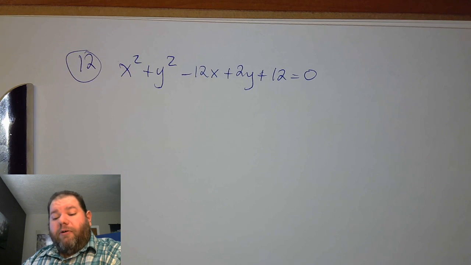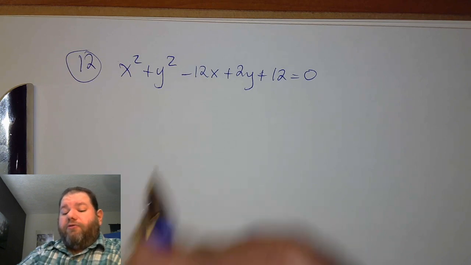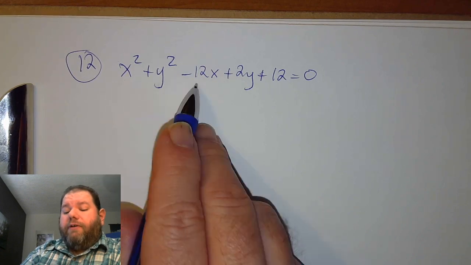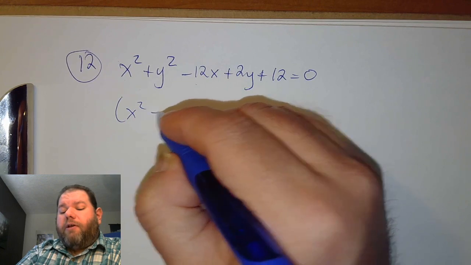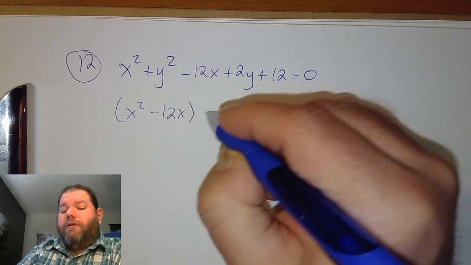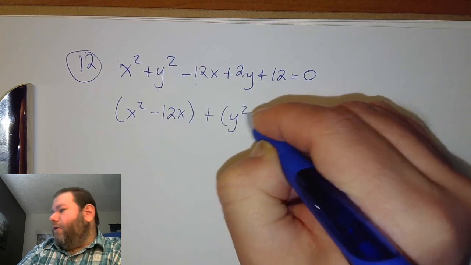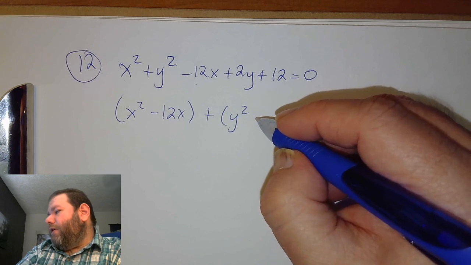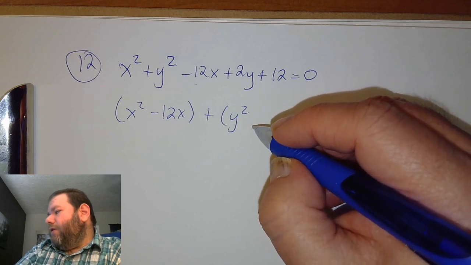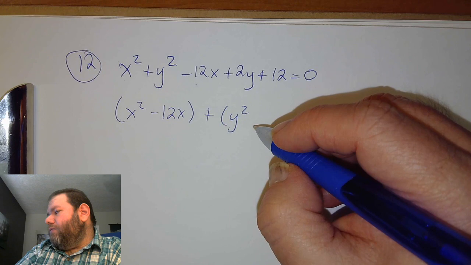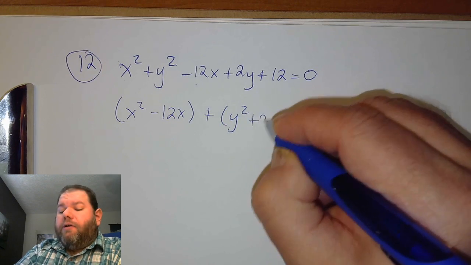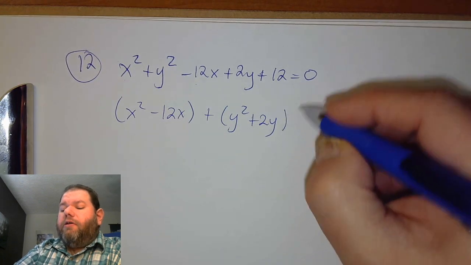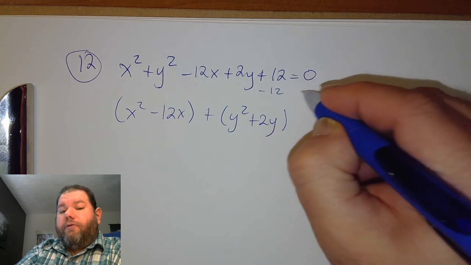Now we did talk about this one on Monday, but again, our strategy is we want to group our x's and our y's together separately. So x squared minus 12x, we'll get those together. Y squared and 2y. And then our 12, let's subtract that over to the right.